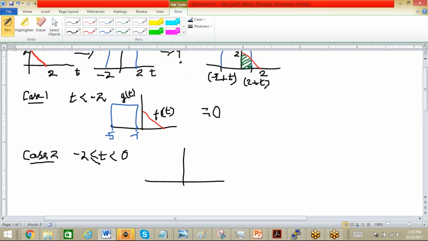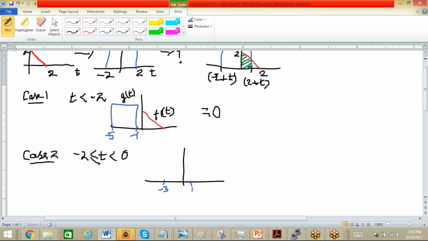Here t is equal to minus 1. So the first point will fall at minus 2 minus 1, that is minus 3. And the second point, 2 minus 1, that is 1.